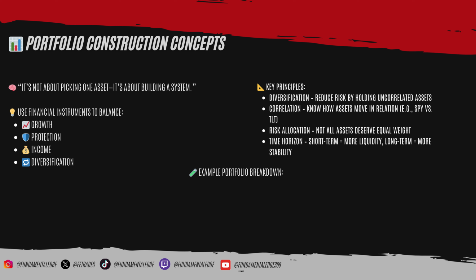A thoughtful portfolio might include SPY or QQQ for growth, TLT or IEF for stability, VNQ for passive income, GLD or SLV as a hedge, and UVXY or cash for volatility protection.